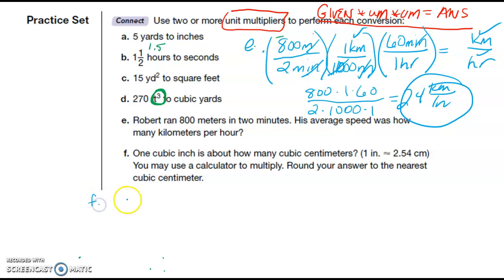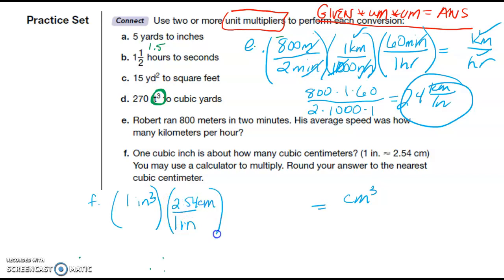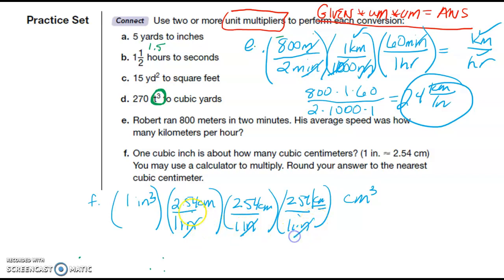This is F. So 1 inch cubed, and I'm trying to get to centimeters cubed. Oh, this is cubed. There we go. So I know that 1 inch is equal to 2.54 centimeters, and I have to do this 3 times because of the cubed. So this is 1, 2, 3, and all 3 here.